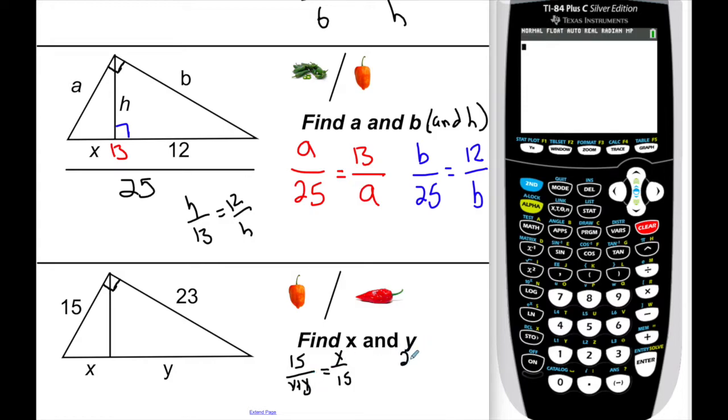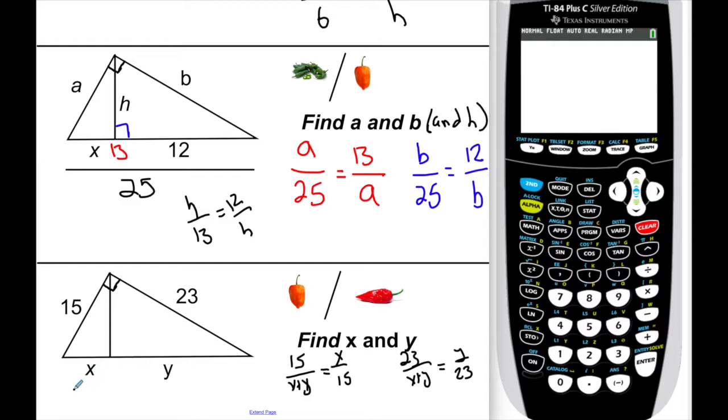And then here you get 23 over x plus y equals y over 23. So this is crazy. Actually though, interestingly enough, you get x squared plus xy equals x squared plus xy plus y squared. You can maybe try to add them together and do some kind of factoring. You might even find there's multiple answers.